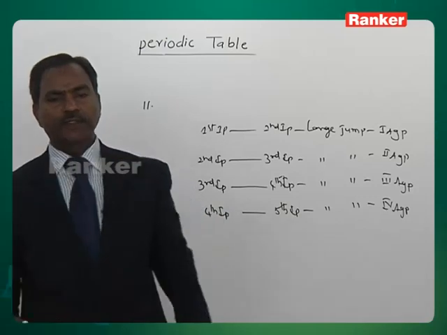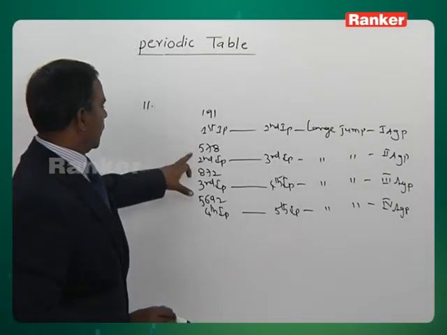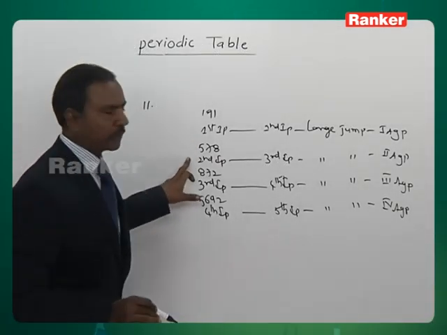Here four ionization energy values are given. First IP 191, second IP 578, third IP 872, and fourth IP 5692 kilocalories. See, first IP to second IP, a difference is there.